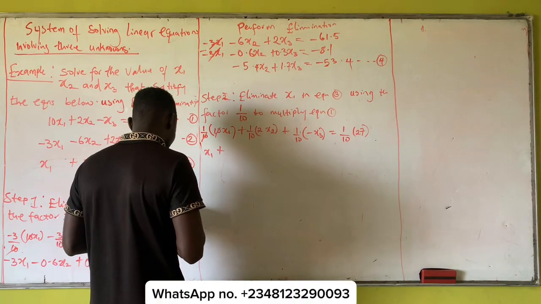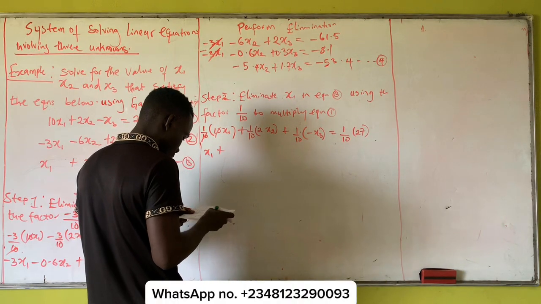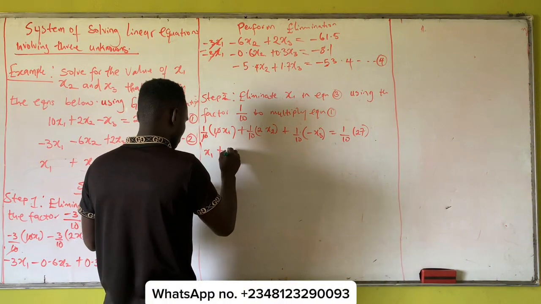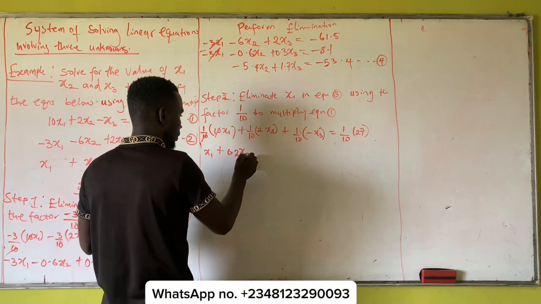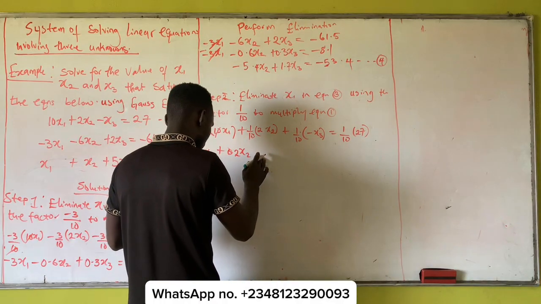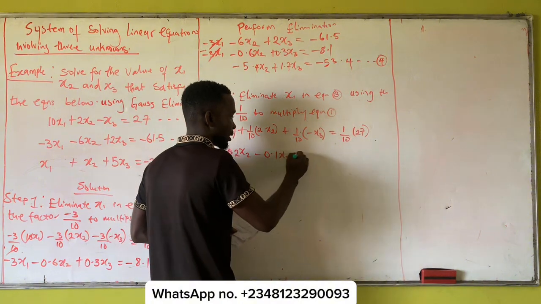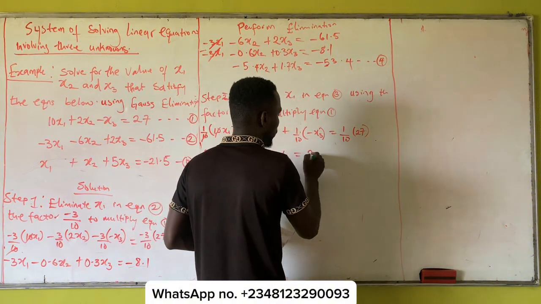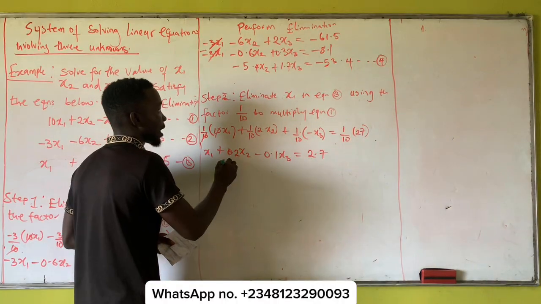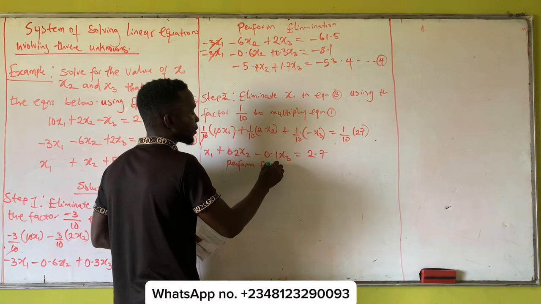If you punch 1 over 5 in your calculator, you are going to have 0.2x2. Then minus 0.1x3 equal to, using this to multiply, we are going to have 2.7. Now, since we have this, let's perform the elimination.